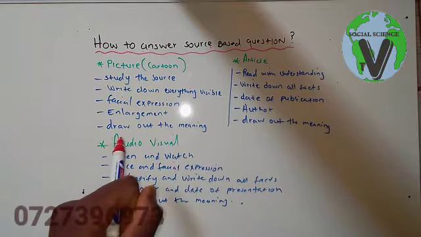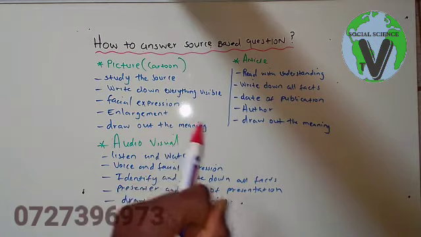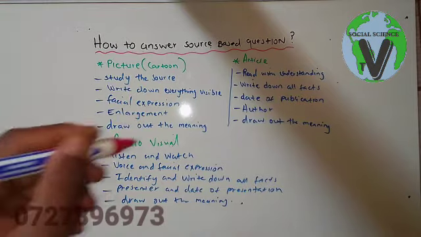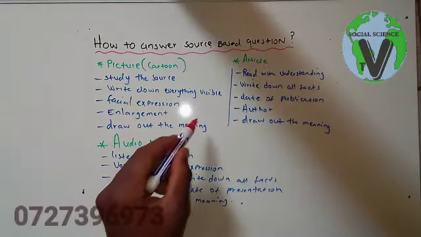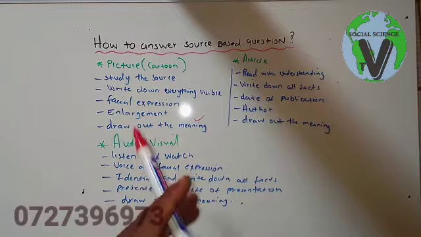You look at the features, whether they are enlarged or not. Then after that, you draw out the meaning. What does the cartoon actually mean? After that, you go straight to answer the question.